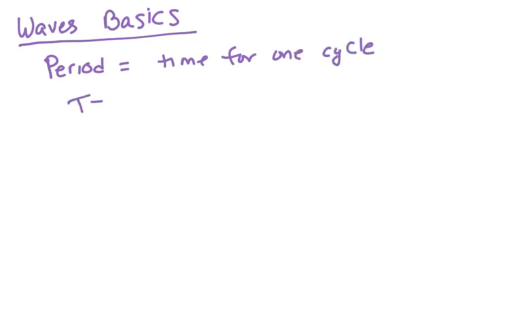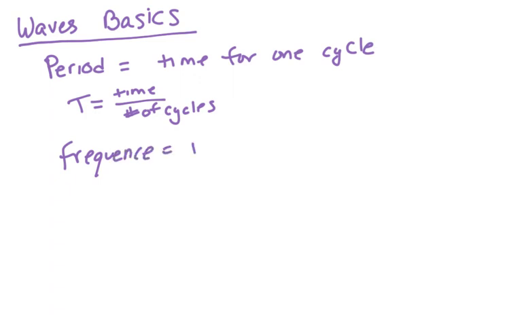So if I needed to find period, I would do the time divided by the number of cycles, vibrations, waves, whatever that is. Frequency is the opposite. It is the number of cycles in 1 second.